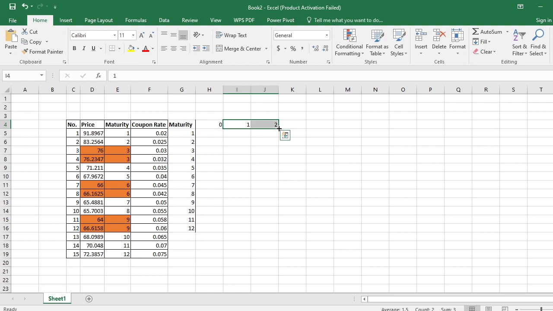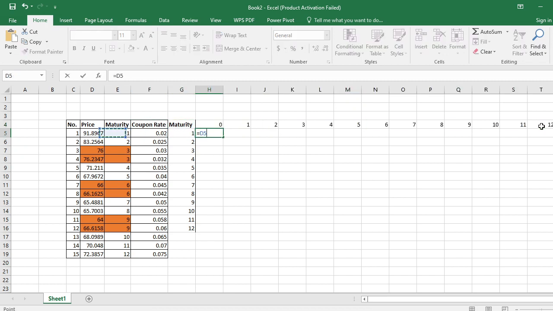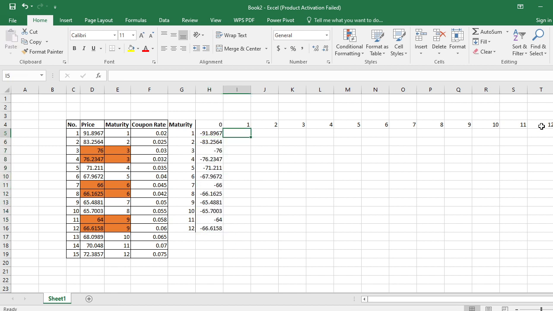Assume the price is this, the initial cash outflow.